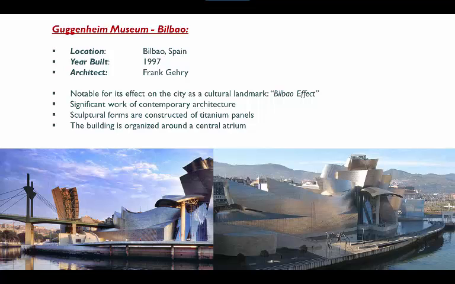And so here we kind of see two different views of the siting of the museum in Bilbao, and it's in an extremely prominent location, and it takes in lots of visitors every year.